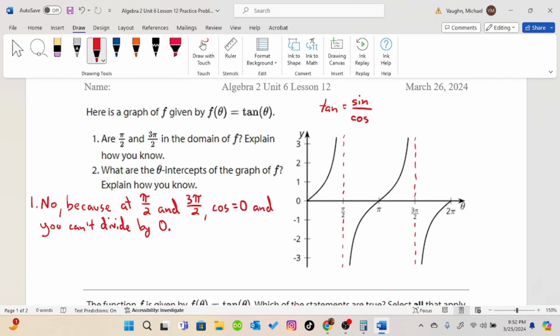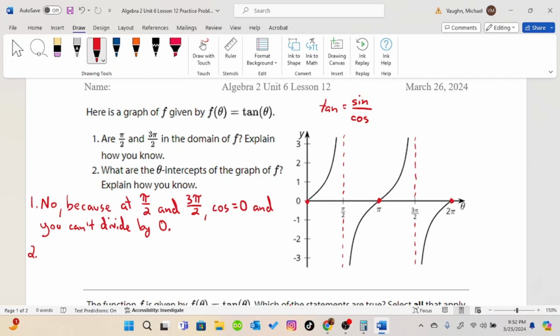Number 2, what are the theta intercepts of the graph of f? And explain how you know. Well, notice there's an intercept at 0, there's an intercept at pi, and there's an intercept at 2 pi.